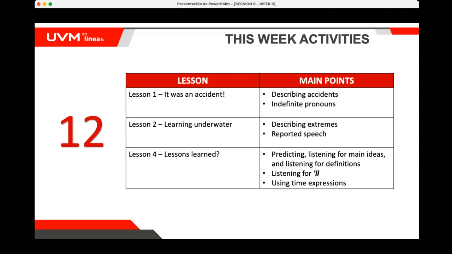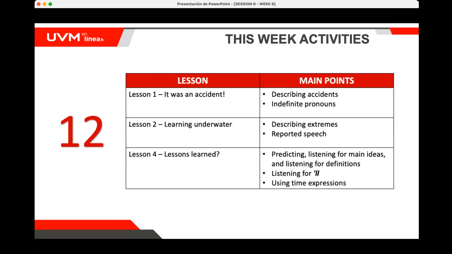But if I want to transform that sentence into reported speech, I need to follow certain patterns in the verb. My mother said she was tired. So in this case, you need to be very careful because of the changes of the verbs from the direct speech to the reported speech.